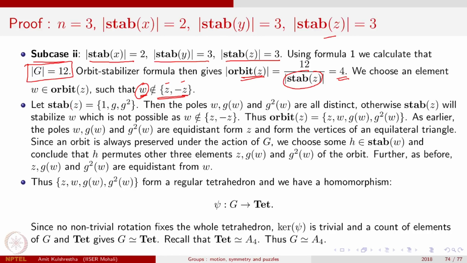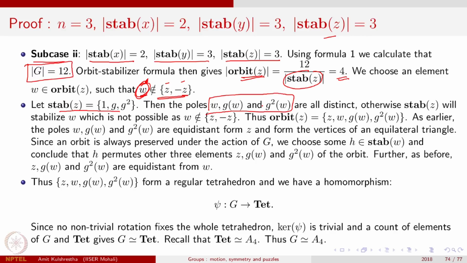The stabilizer of Z is cyclic with 3 elements, say 1, G, G square. Looking at the effect of the stabilizer of Z on this element W of the orbit, we conclude that there are 3 distinct elements, W, GW and G square W.